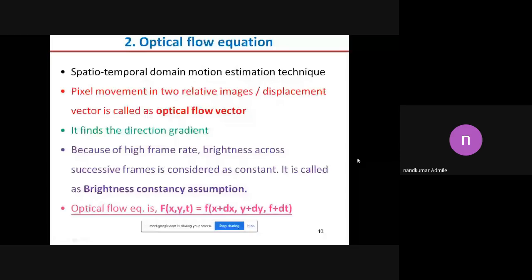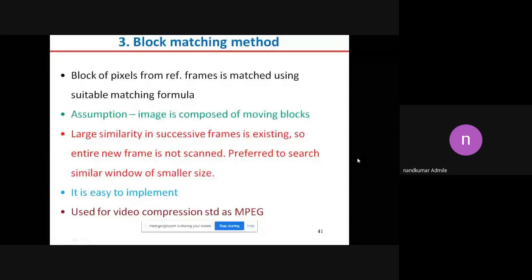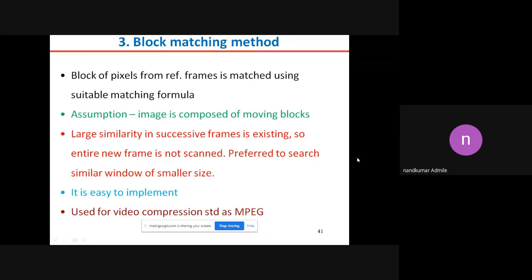The third method is the block matching algorithm, or we can call it the block matching method. So what is the block matching method? Simply, we consider the region of support. Now everyone listen carefully. In a region of support, we can consider one technique as a block based method.